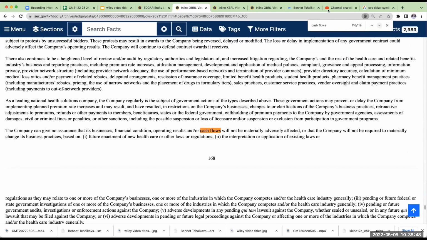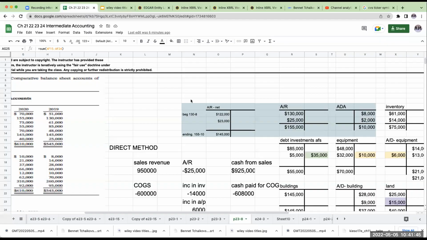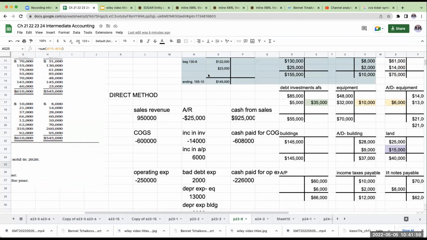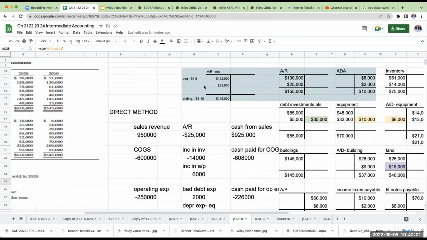Okay, so sorry about that. So CVS is the company that does use the direct method. I was actually going through their financials to see if I can find their indirect, but I'm running out of time today. But with the direct method, here's the best thing I can tell you to do.